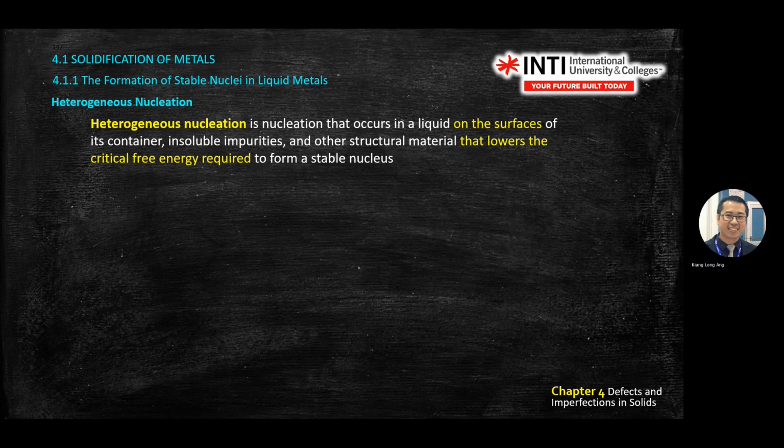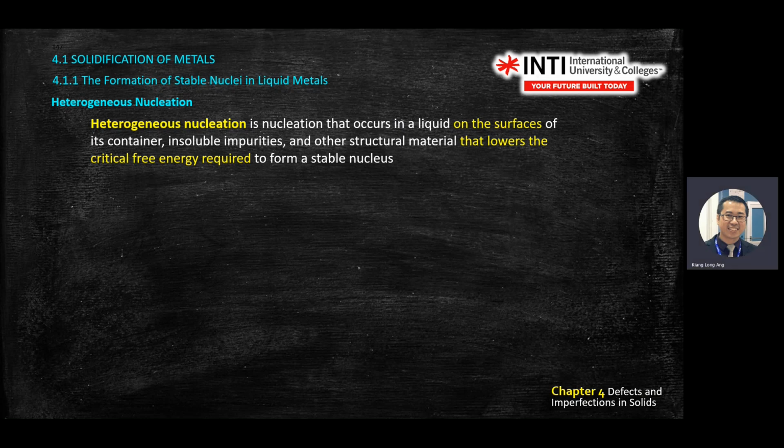Impurities means anything besides its own material. If it's copper, then when copper meets, let's say, nickel, it will capture the nickel and form around the nickel. And other structural materials lower the critical energy required to form the stable nucleus. So the keyword here is that it captures any surface that it can get.